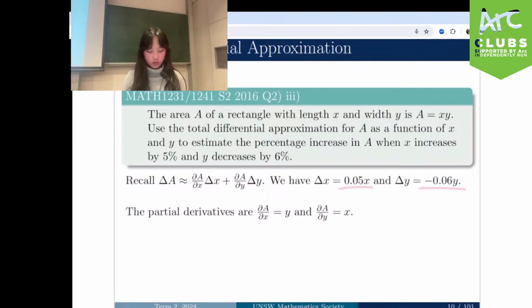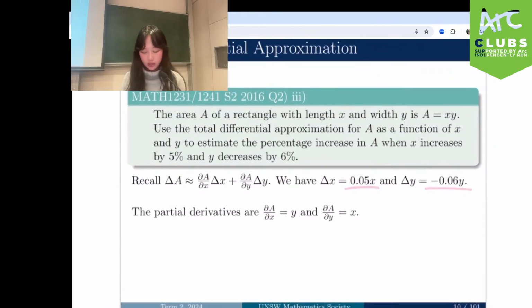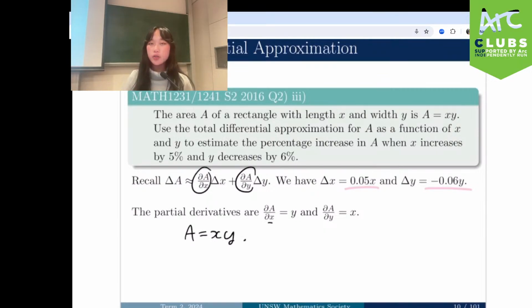All right? So if we plug these in, we also need to obviously deal with these. What we do is we take the partial derivative of A. So A is xy. If we take the partial derivative with respect to x, we are treating y as a constant, so we just get y, which is the coefficient of x. Same with if we're taking the partial derivative with respect to y, we treat x like a constant, so our coefficient of y is just x, okay?